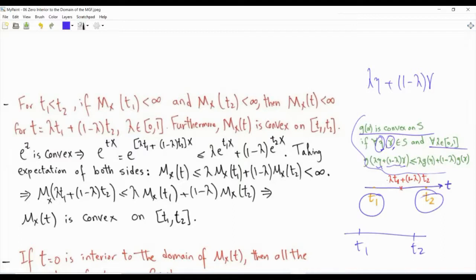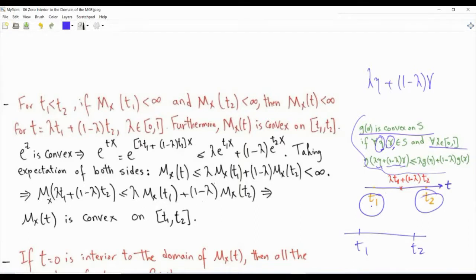If lambda is equal to 1, we are talking about t1. If lambda is equal to 0, we are talking about t2. If lambda is equal to 1/2, we are talking about the midpoint between t1 and t2. And generally, lambda t1 plus 1 minus lambda t2 is a point on the line segment connecting t1 and t2. Okay, so keep this expression in mind.